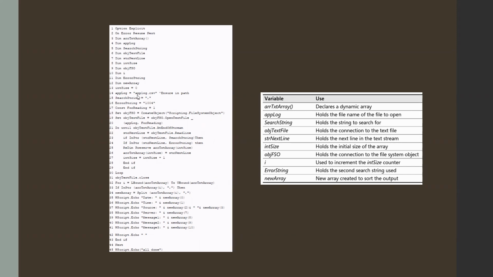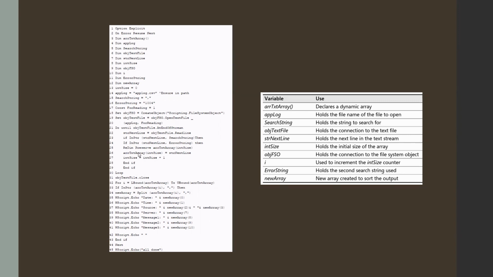My CSV file to parse through is here on 14, applog.csv. I'm going to search for a comma because it's going to be a comma delimited file. The error that I'm looking for is a 1004. As I read through the text file line by line, if there's a comma, then secondly, look, is there an error?